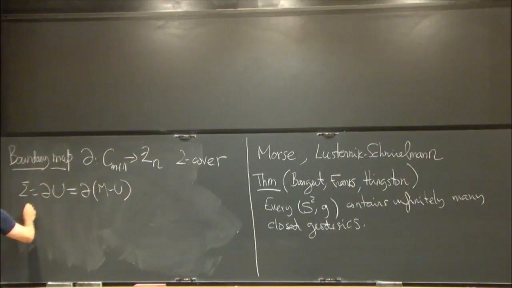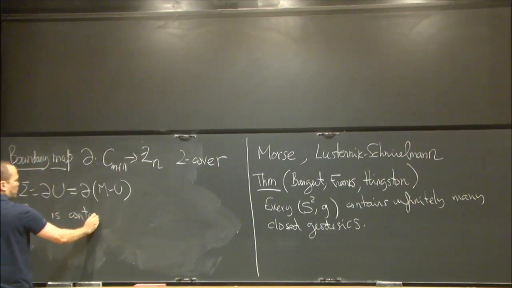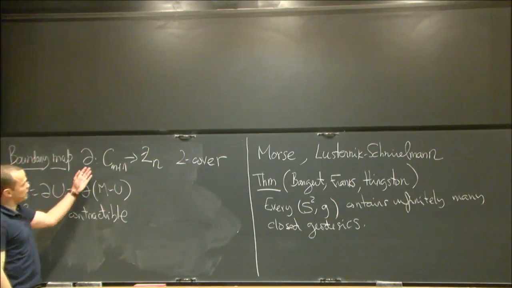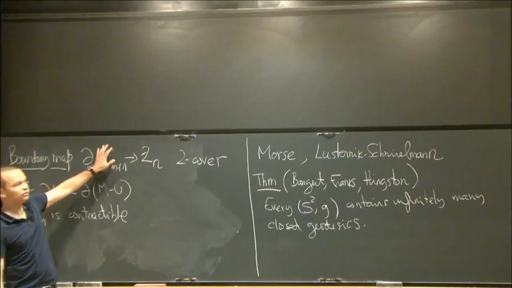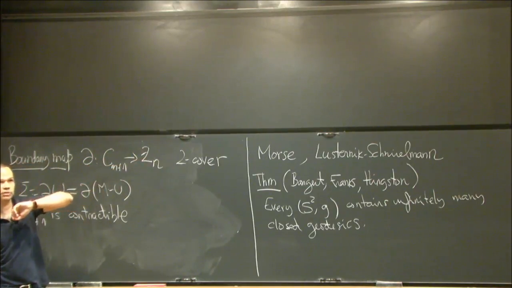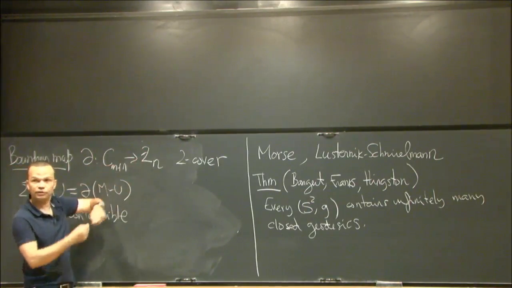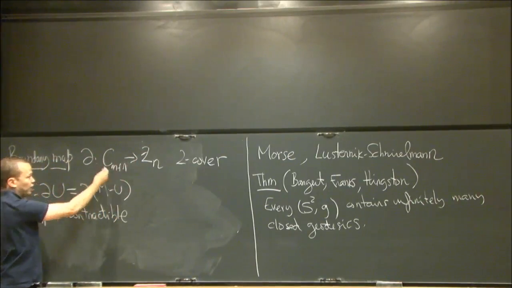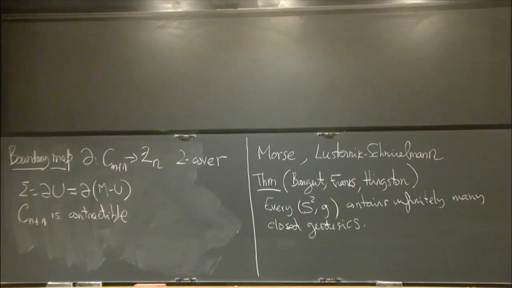It's not difficult to see that the space of chains is contractible. So you can see that the boundary works like the projection from the infinite dimensional sphere to the infinite dimensional projective space. And then from that, you can compute pi 1 and pi k by lifting things to the contractible space.